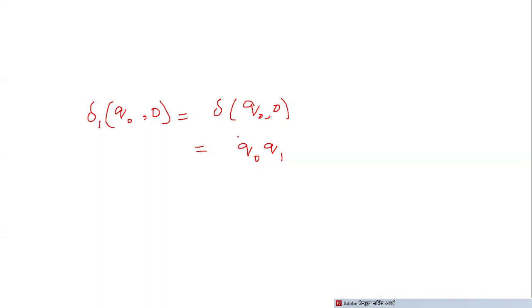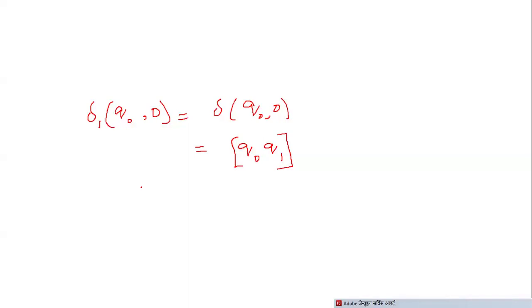So let us take this as a single state. The state is Q0, Q1. You should represent it inside a square bracket, so inside the square bracket you should write Q0, Q1. Therefore, delta 1 of Q0, comma 0, that is the transition function, delta 1, of the DFA to be determined, is equal to delta of Q0, comma 0, which is Q0, comma Q1.